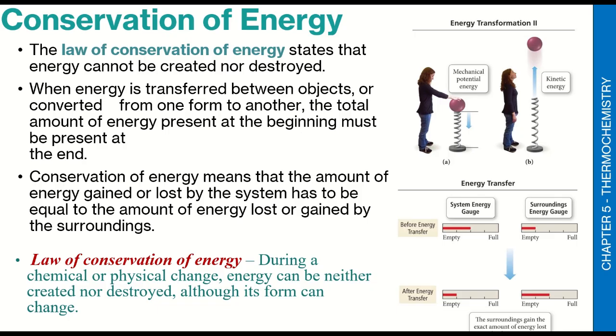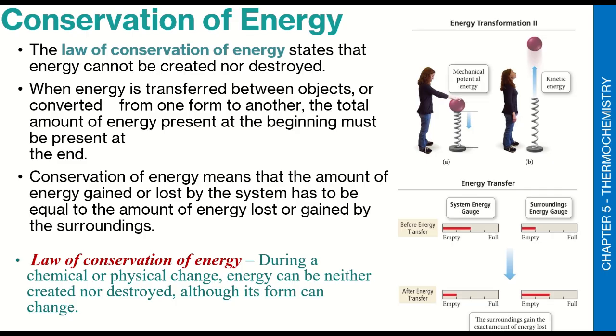Like here with the ball, the girl is pressing the ball down. So now I have potential energy, mechanical potential energy, that will be converted into kinetic energy, pushing the ball up, right?